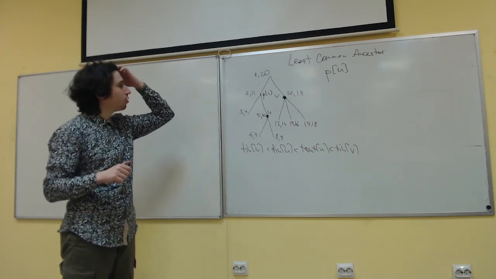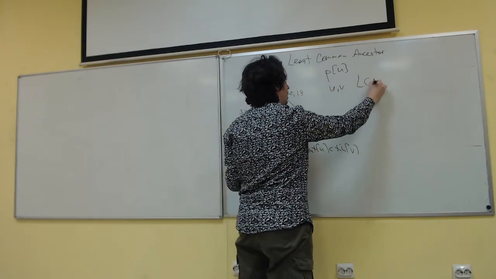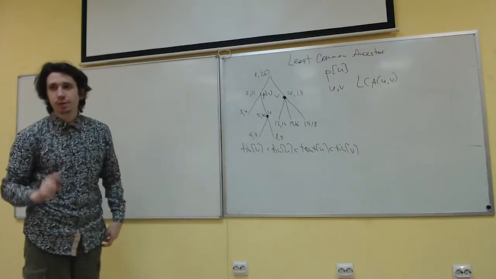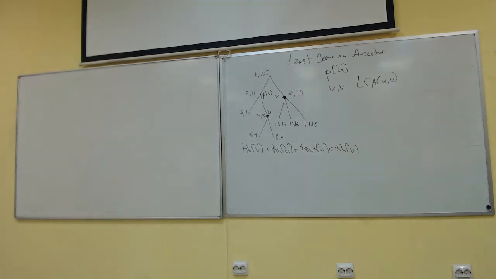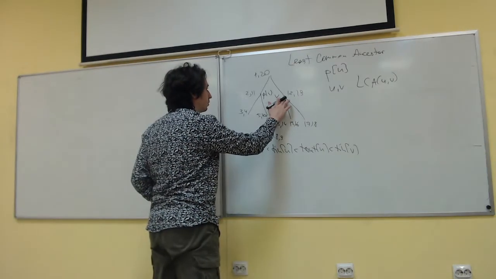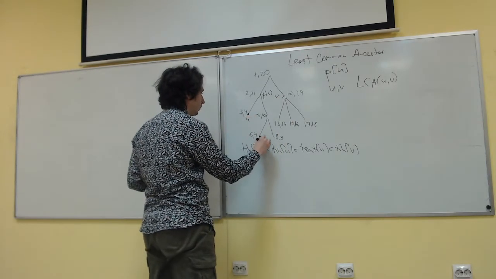So you are given two vertices, u and v, and you want to calculate LCA of u and v. Like the first stupid solution that comes to mind. Not very stupid. Which depends on the height of the tree.